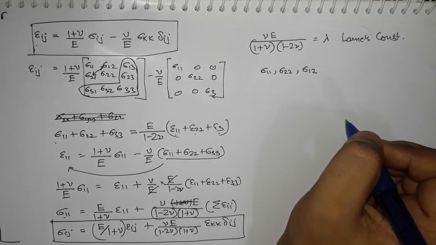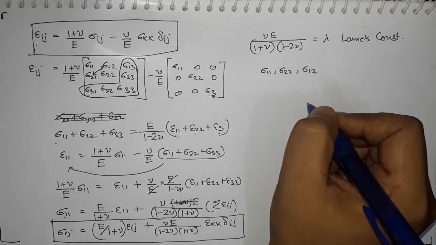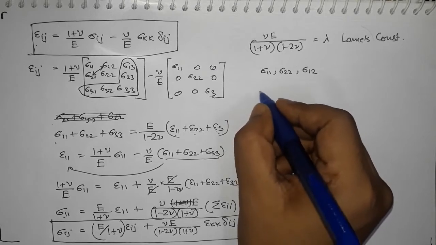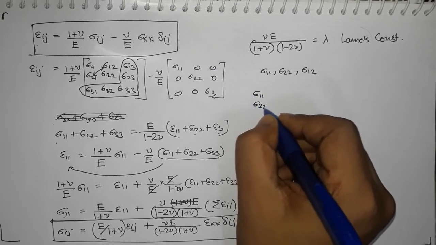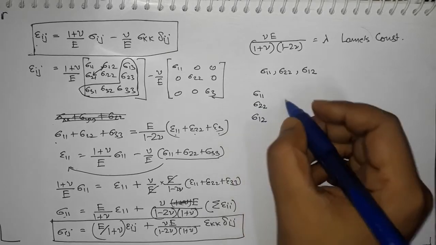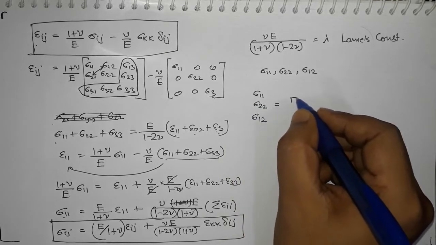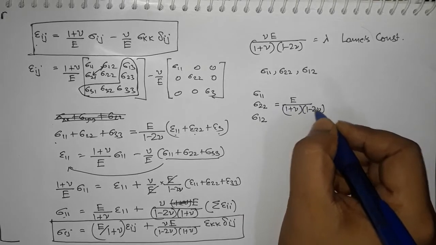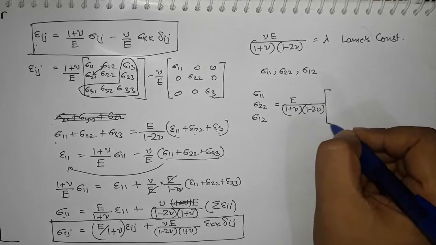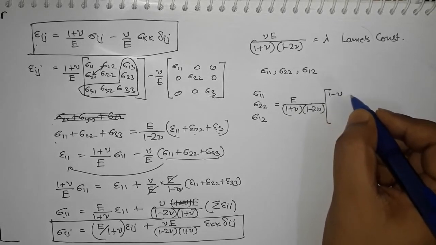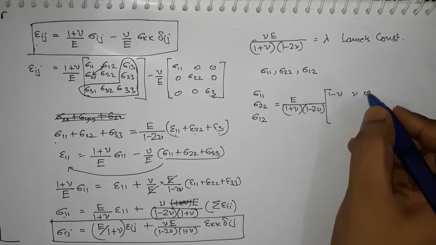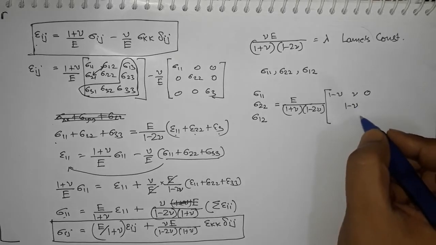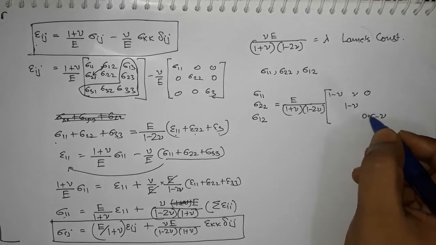Okay, so we can write the relationship between stress and strain in matrix form. So we can write sigma 1 1, sigma 2 2, and sigma 1 2 equals E divided by 1 plus mu into 1 minus 2 mu, and then you make a matrix: 1 minus mu, mu, 0; then mu, 1 minus mu, 0; then 0, 0, 0.5 minus mu.